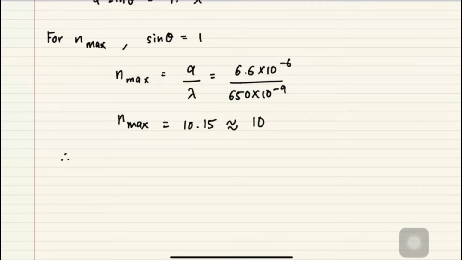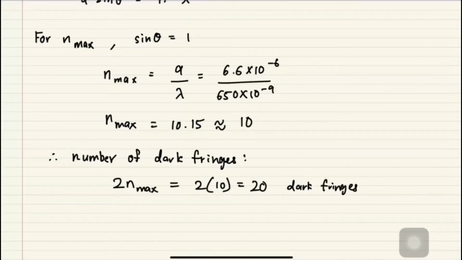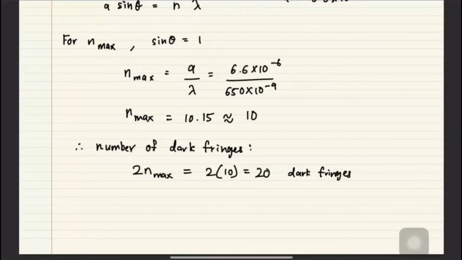So number of dark fringe is equals to 2n. Okay, so untuk dark fringe you don't have to add 1. Okay, kalau yang bright fringe you have to add 1. Macam tadi saya tunjuk, kalau saya nak tunjuk sekali. So basically katakan macam ni kan. Okay, yang ini dia punya center bright.